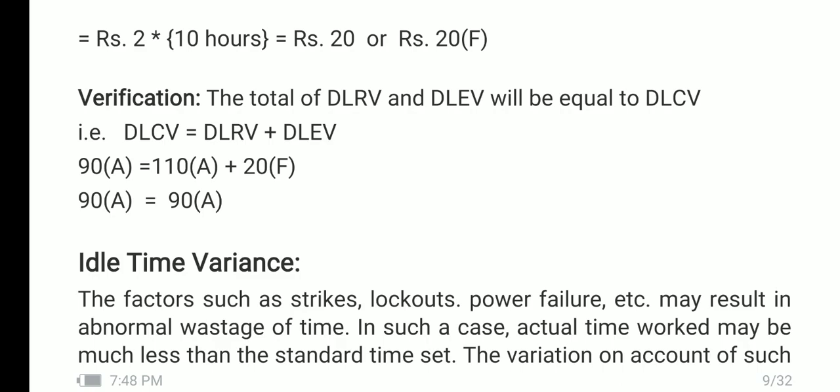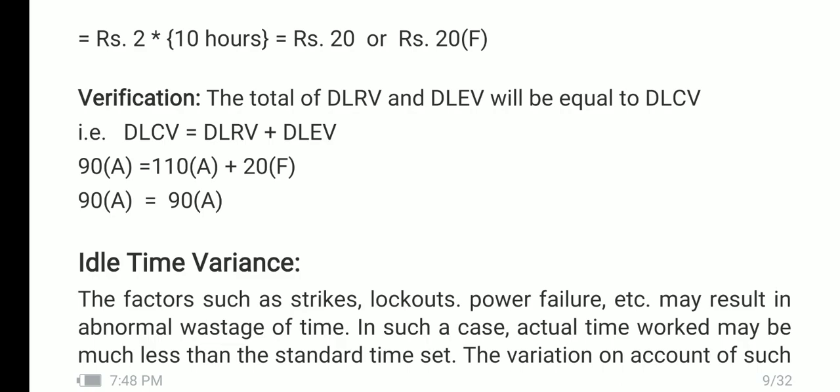Now, here the wage rate variance, that means the labor rate variance, is negative, that is adverse, 110 adverse, but efficiency variance is 20 favorable. Now, we can verify: the total of DLRV and DLEV, direct labor rate variance and direct labor efficiency variance, will be equal to direct labor cost variance.